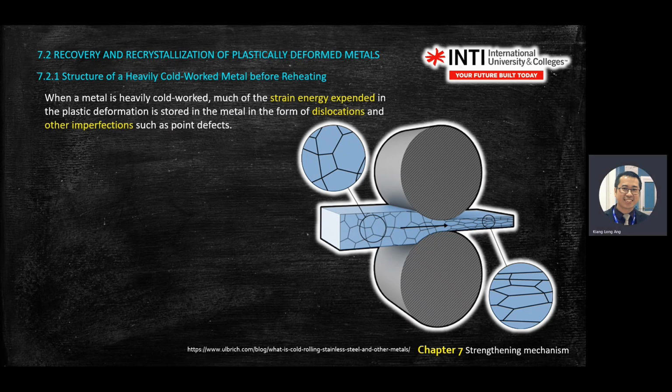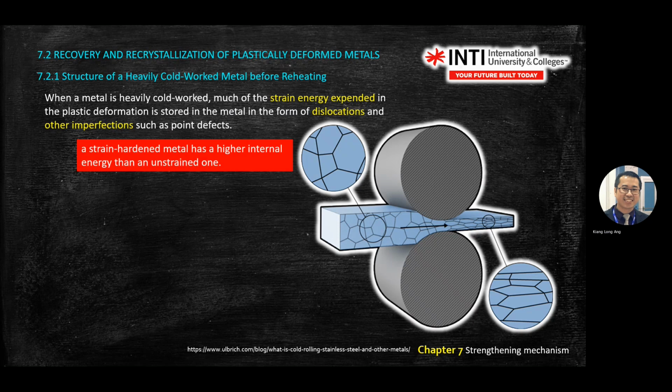During the cold work, strain energy expended in plastic deformation is stored in the metal in the form of dislocations and other imperfections, such as point defects. There are lots of defects there, right? So if you squeeze or roll it, the metal will have a higher internal energy because it's squeezed and packed, so there's lots of internal energy.